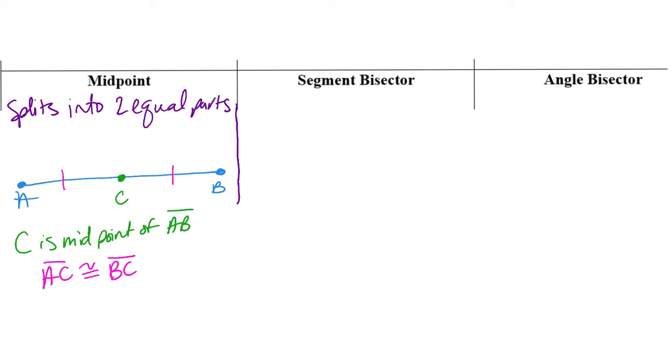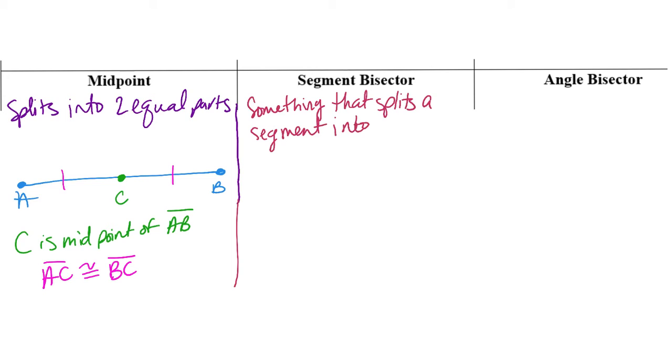All right, segment bisector is something that splits a segment into two equal parts.